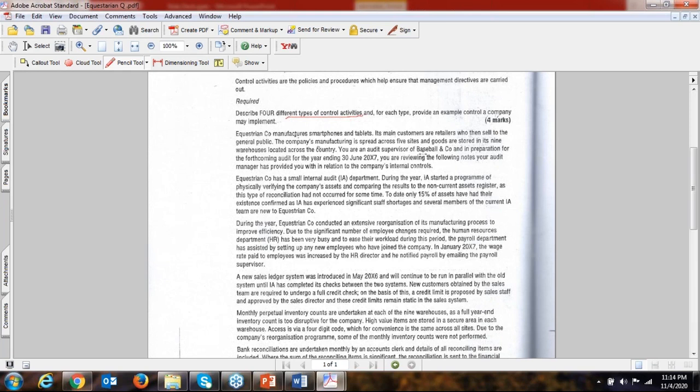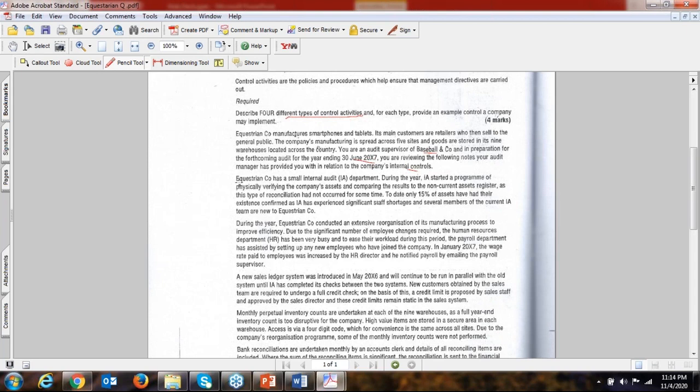The audit firm's name is Baseball, and in preparation for the forthcoming audit for the year ended 30th June 2007, you are reviewing the following notes your audit manager has provided you in relation to the company's internal controls. So this is just generic information. There is no need to review it again and again.